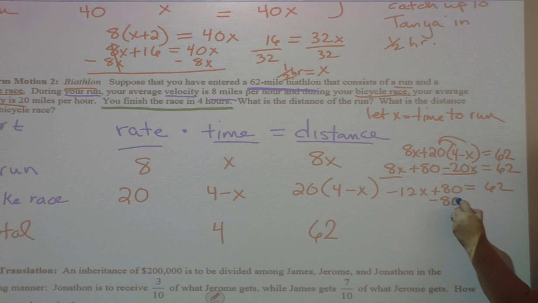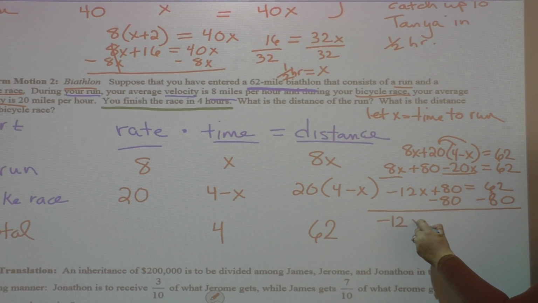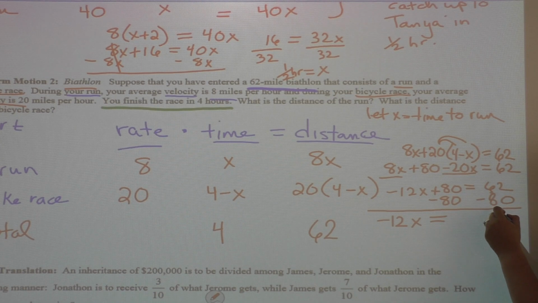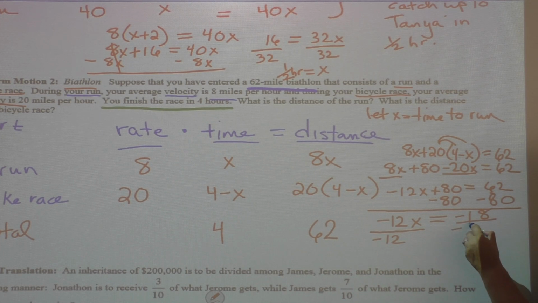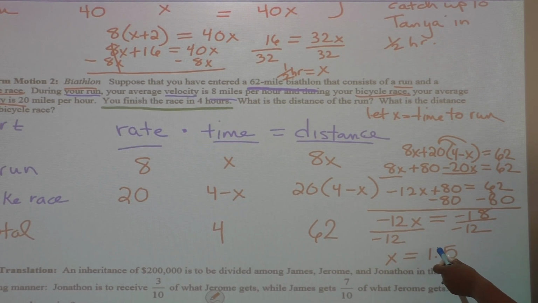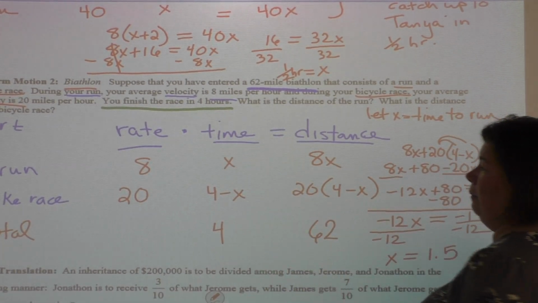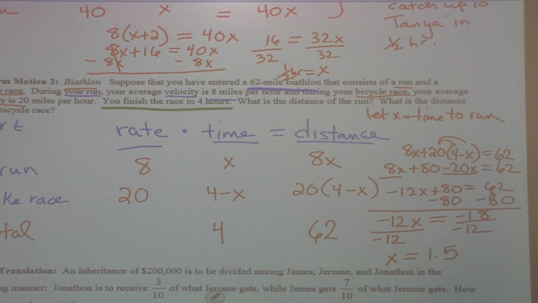If I subtract 80 from both sides, I'm going to get negative 12x equals negative 18. If I divide, I'm going to get x equals positive 1.5. Don't forget, I have to substitute this in for time, and I still have to find the distances once I substitute that in.